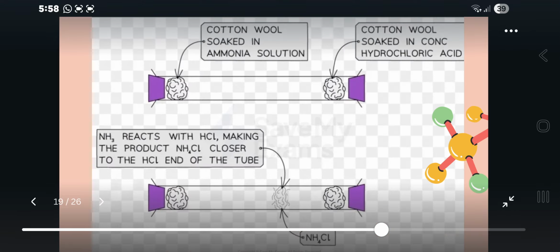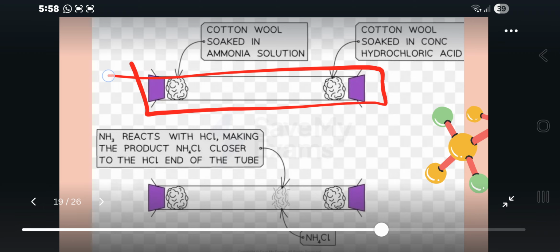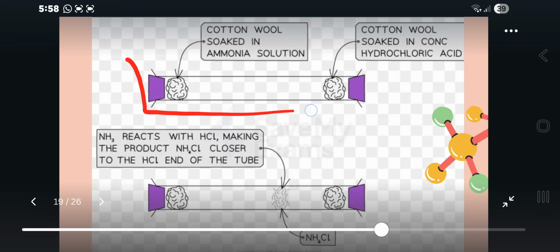This is the experiment. Can you see over here? First of all, we will take this long glass tube. In this tube, can you see this cotton?